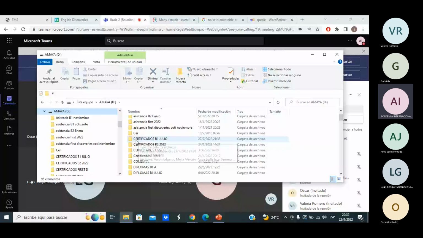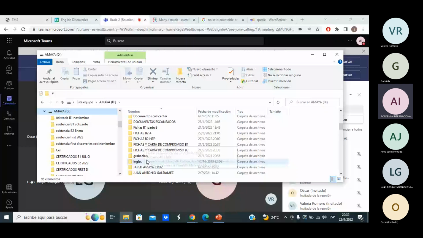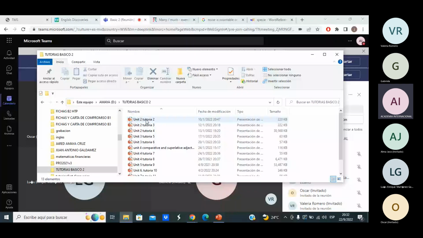Vamos aquí. La que estamos viendo ahora es esta que dice Unit 2, Tutoría 2, ¿verdad? Y aquí tengo otra que dice Unidad 2, Tutoría 3, y también Tutoría 4, que siempre trata del mismo tema.